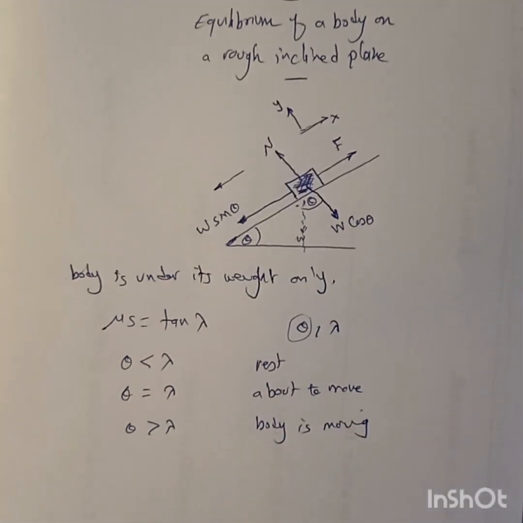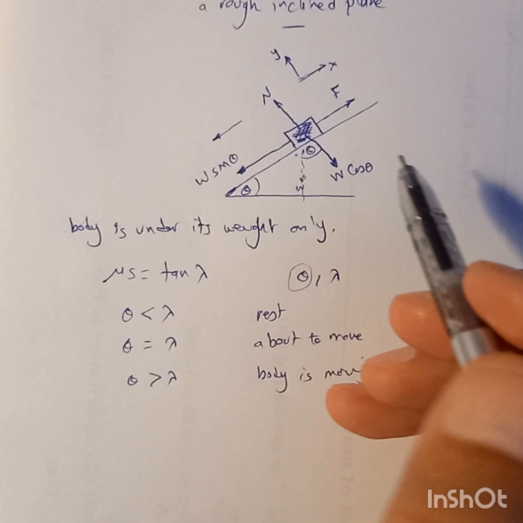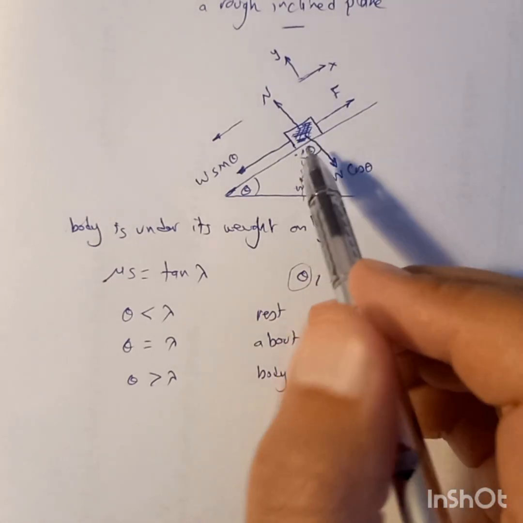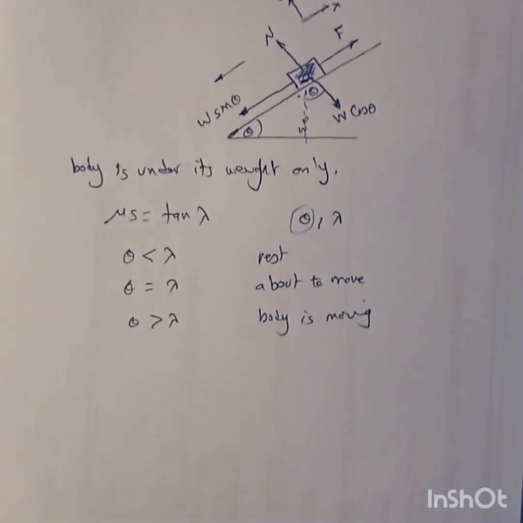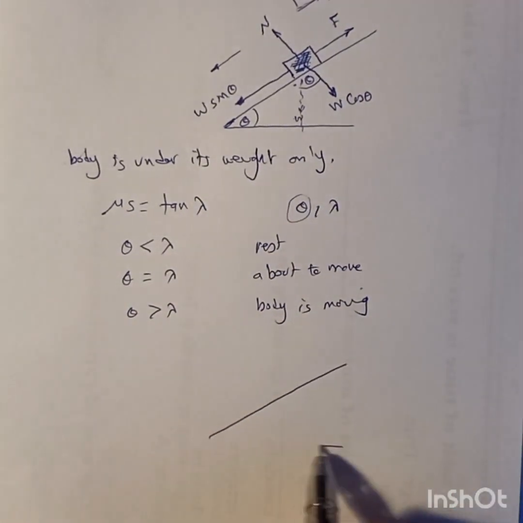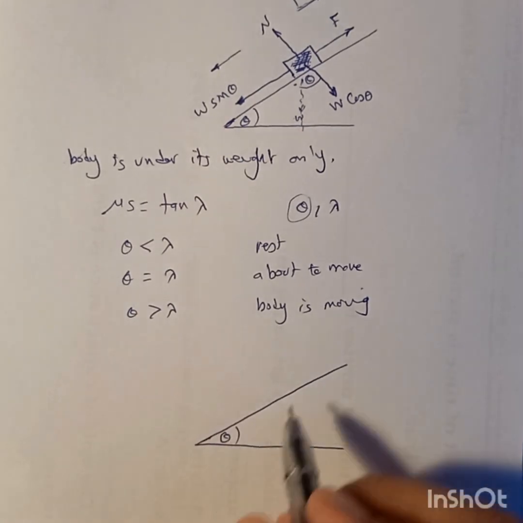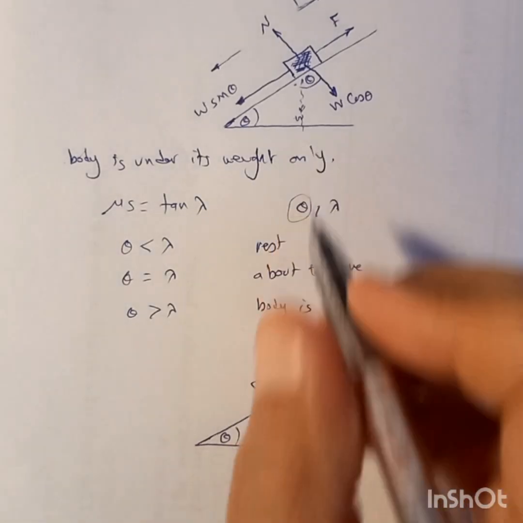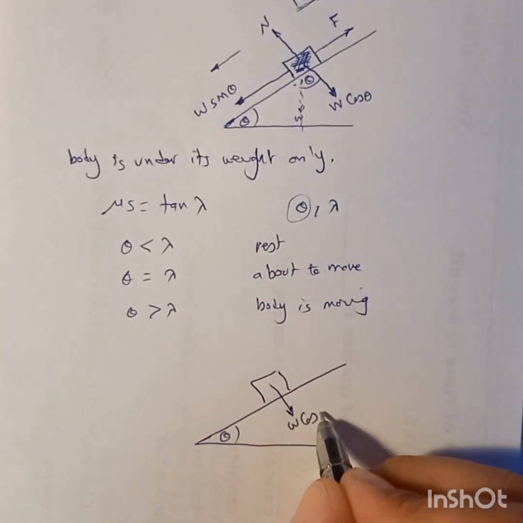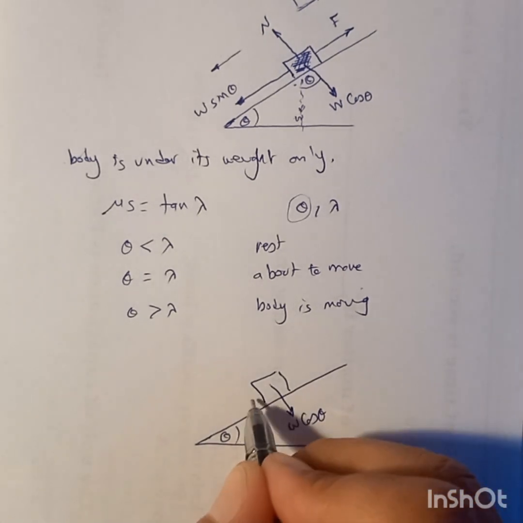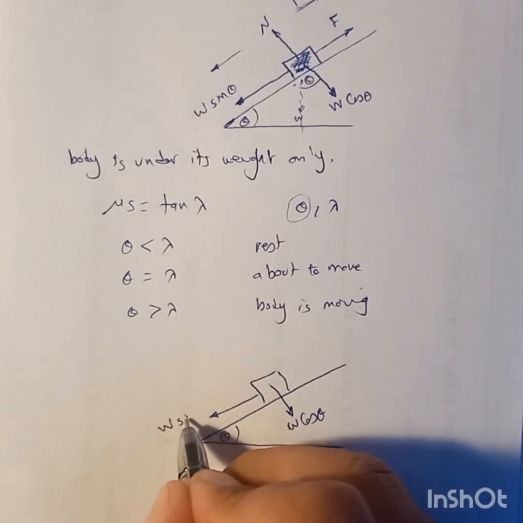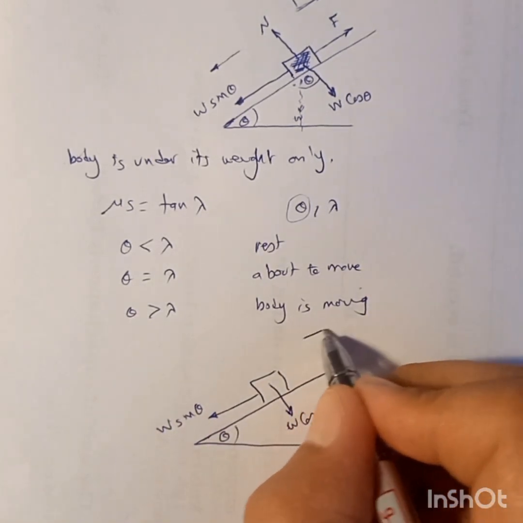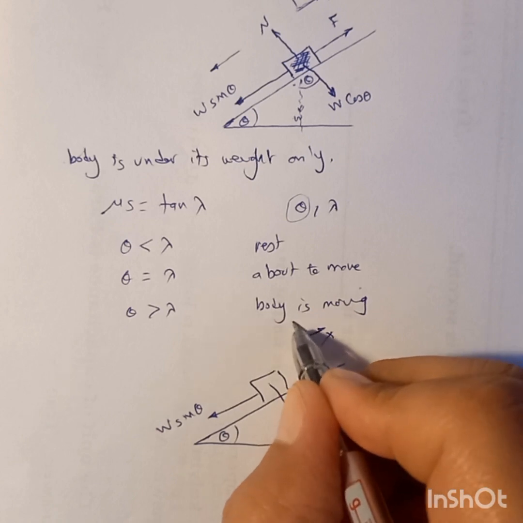Now the second case: if we have an external force acting upon this body. For example, we have this inclined plane with inclination angle to the horizontal theta, and we have this body. As we said before, we have W cosine theta, the component of the weight in this direction, and another component W sine theta, the component of the weight in the other direction, as we assume this direction is x and this direction is y.